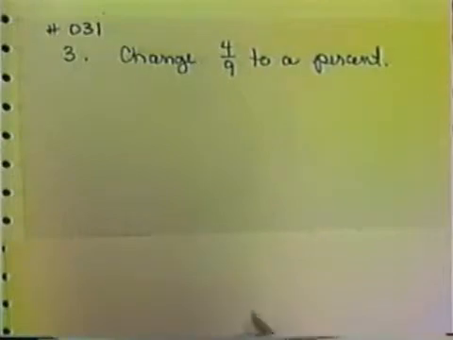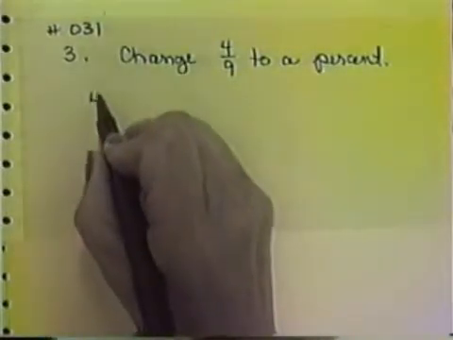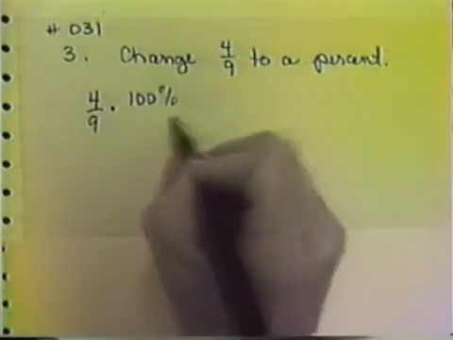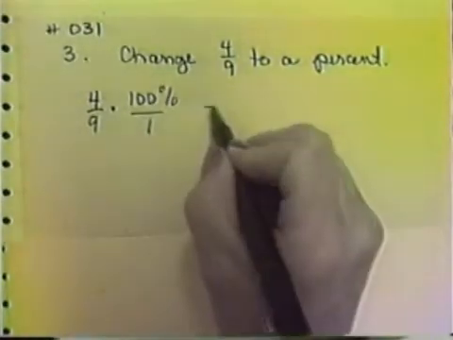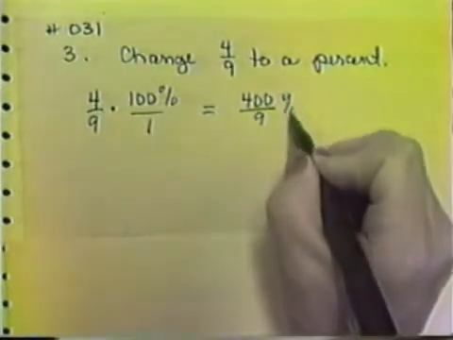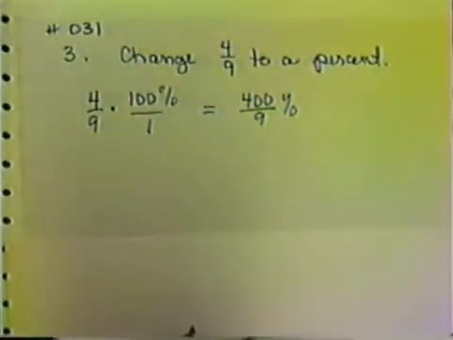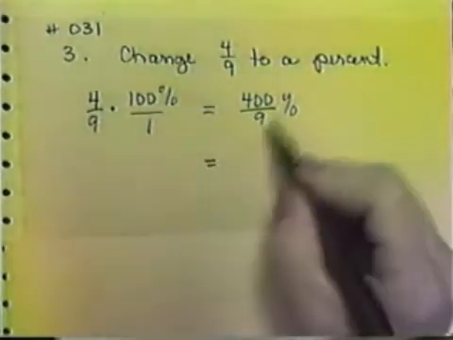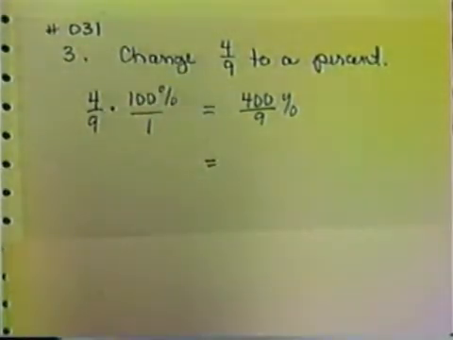Okay, we want to change 4/9 to a percent. And again, what we do is take the fraction and multiply by 100%. Nothing cancels and we get 400 over 9%. But I don't want to leave a fraction as an answer. I can have a mixed number or a decimal, but I don't want to leave the answer like this. So I need to change 400 over 9 into a mixed number.